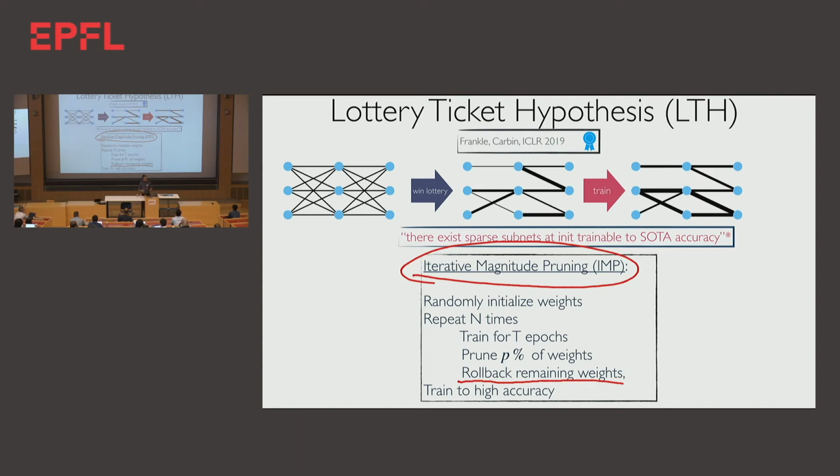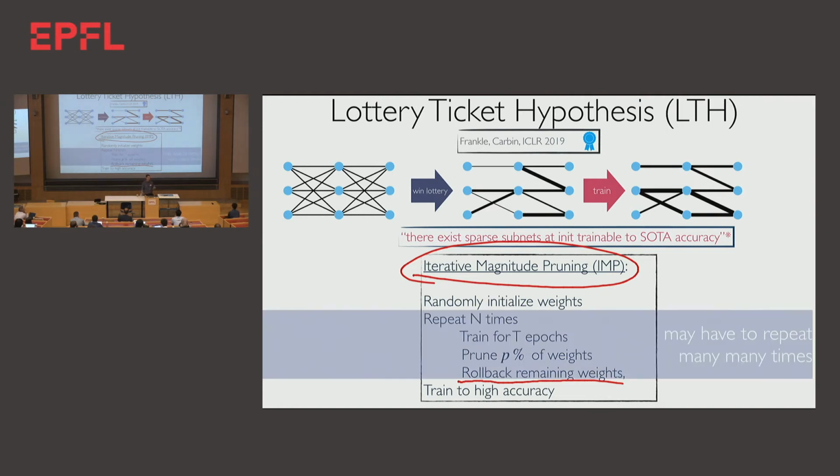There's a bunch of things to note about this algorithm. The main thing is that it's super expensive. They actually run it for a lot of epochs. This is more expensive than deep compression, all right? But the paper is trying to make a point. The point is not that I can do this fast, but look, there are these special subnetworks that exist at initialization, and that's what you should be looking for.